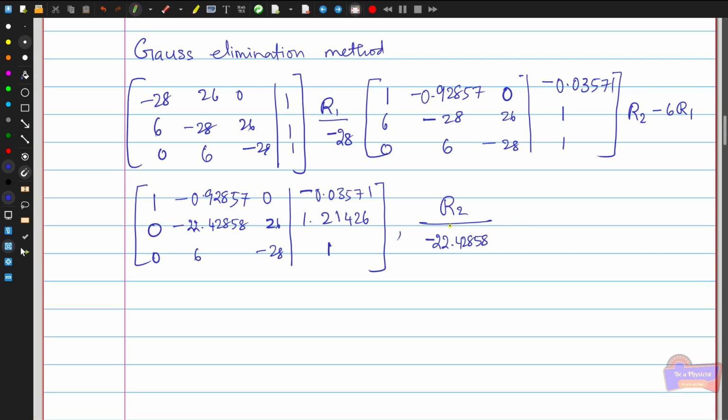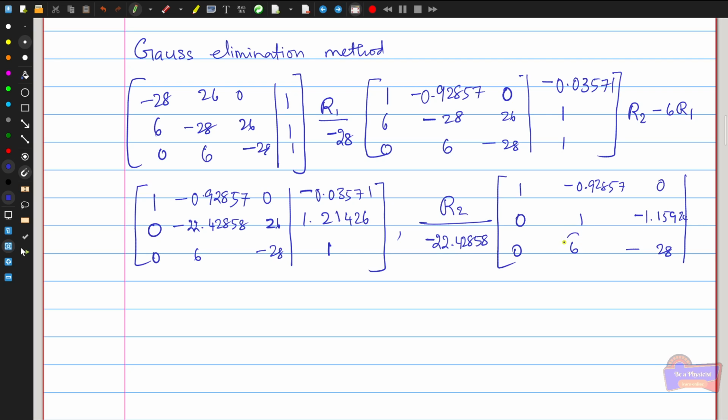If I do this, I will get 1 minus 0.92857, 0, this is 1, and this is going to be minus 1.15924, and 0, 6 minus 28. And the remaining term, the right hand side term, I can write here.